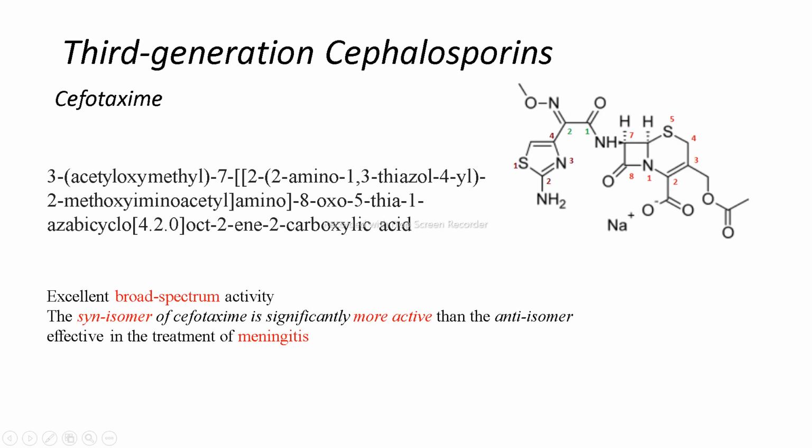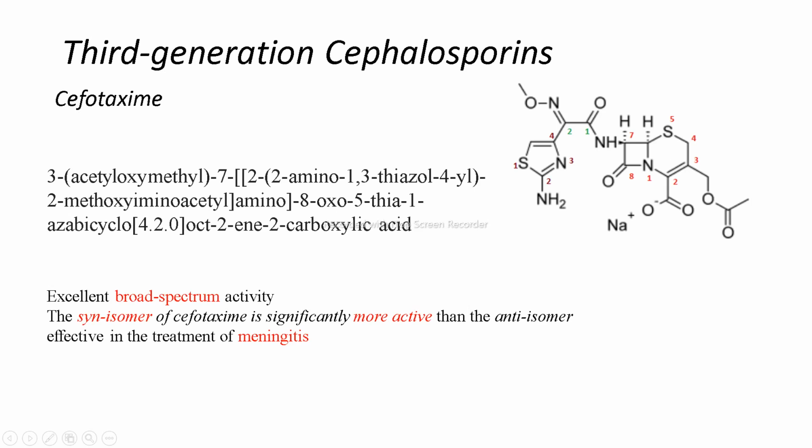So 7 dash, again 2 dash, because there are 2 carbons in a straight chain. After 2 dash, we have to number this thiazole ring. The numbering of the thiazole ring begins from the sulfur, and you have to move towards the nitrogen. When we number the thiazole ring, you have to give the first number to the sulfur and the third number to the nitrogen, because if you go from the other side, it gives the fourth number to the nitrogen, right?